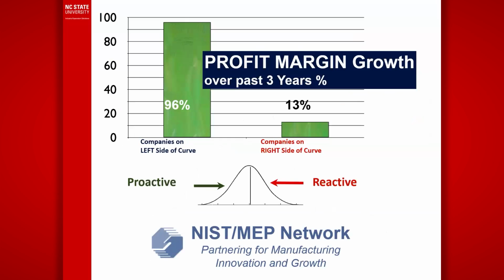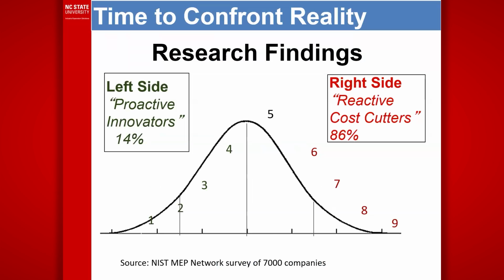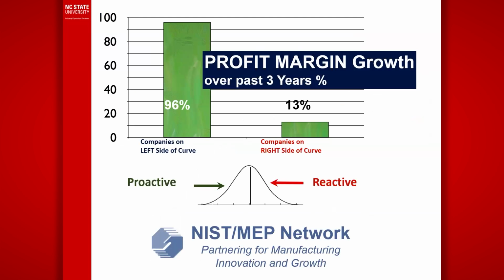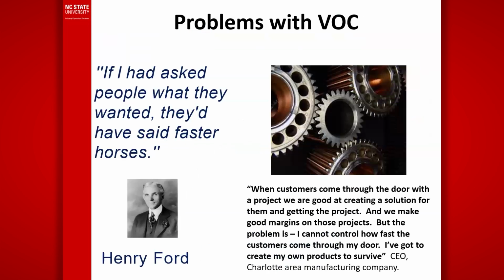For the 86% that were on the right side of the curve, only 13% said they saw profit margin growth. So a very different response rate here, a very different performance level on this one aspect of the business, which is a very important aspect of the business, just depending on which side of the curve you're on. So another reason we need to innovate.